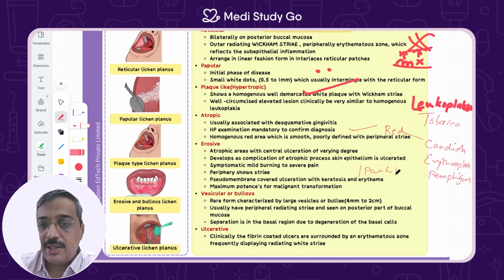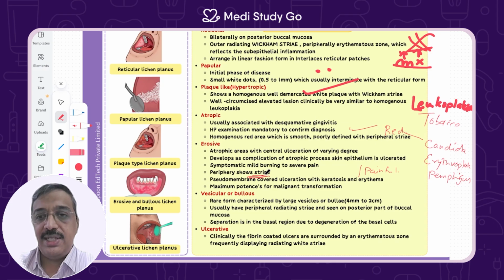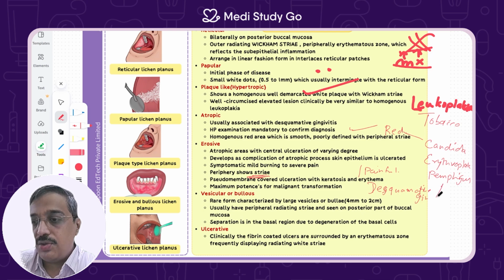This pain, along with the possibility of peripheral striae, will give rise to a diagnosis of lichen planus. And a group of diseases on the gingiva is called desquamative gingivitis, which also includes pemphigus and pemphigoid.